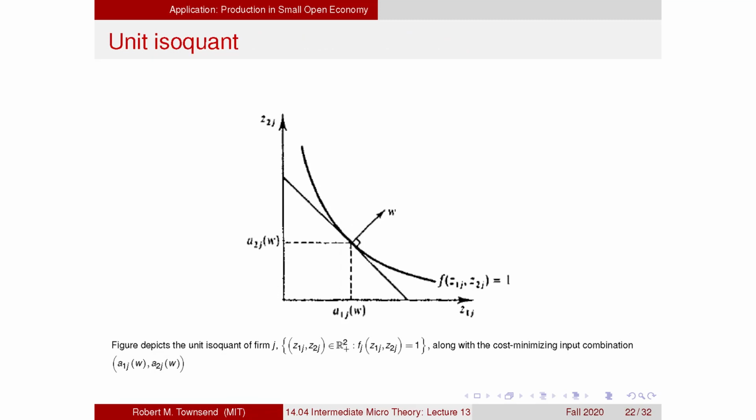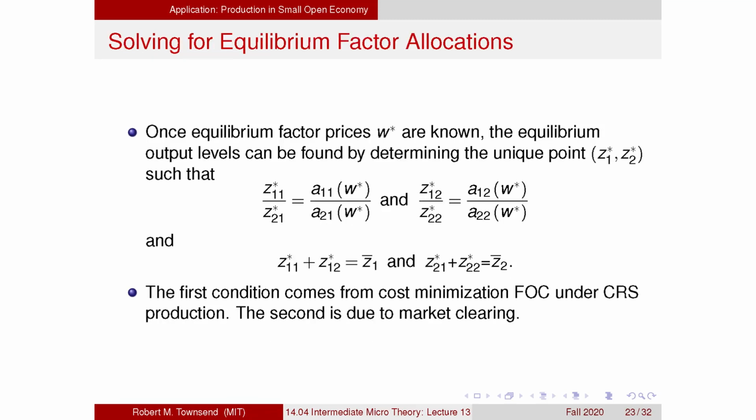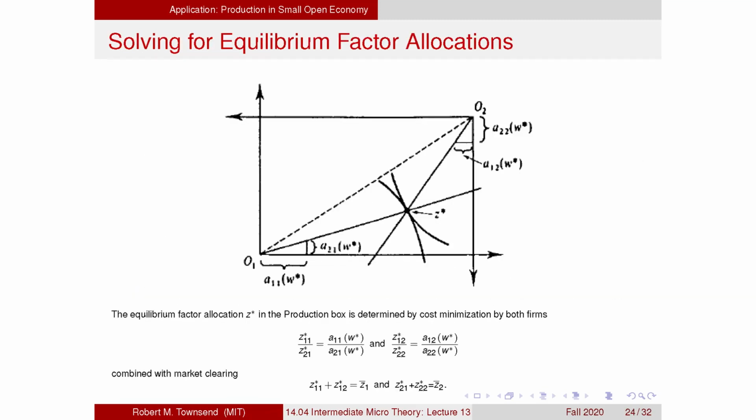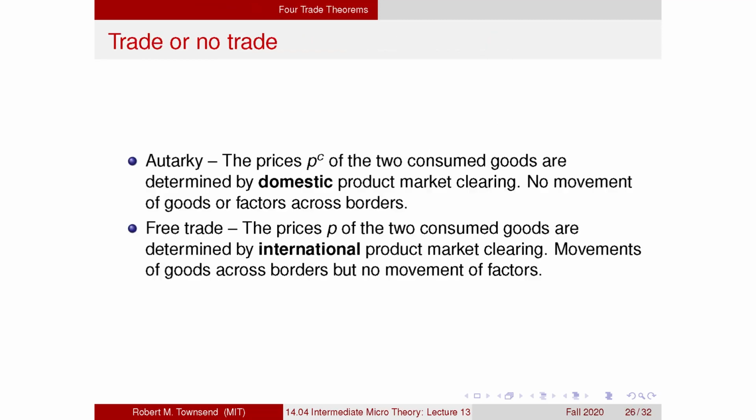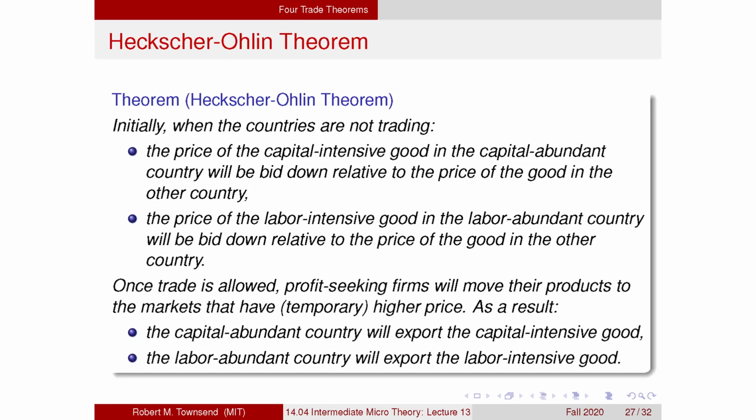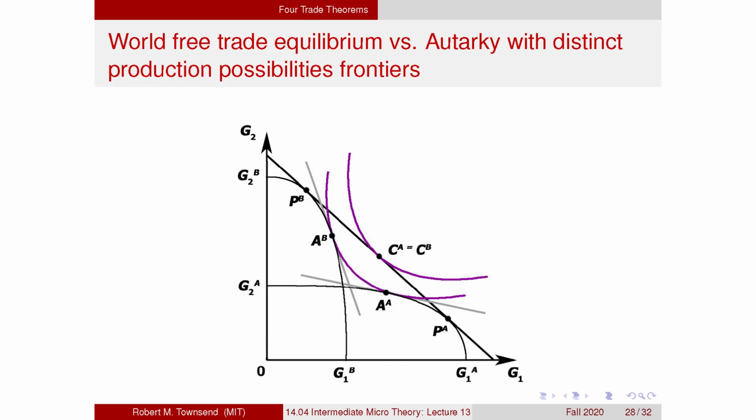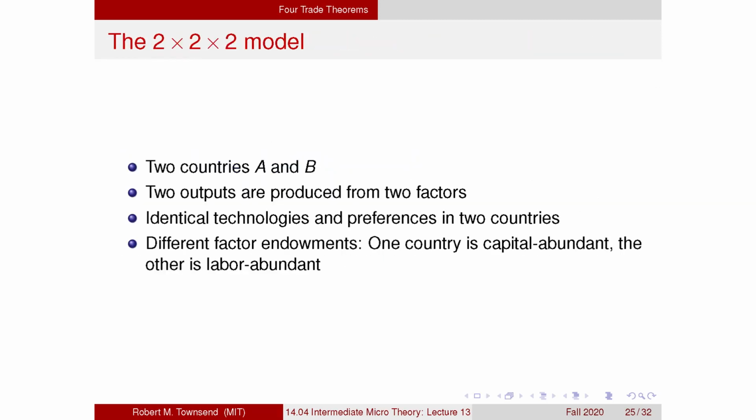And then we went from that to production. From production, we were able to solve for the input quantities and the outputs. And then we got the external goods prices by considering this sort of free trade equilibrium with two countries determining a price ratio, moving from autarky to international trade. So there were three theorems.